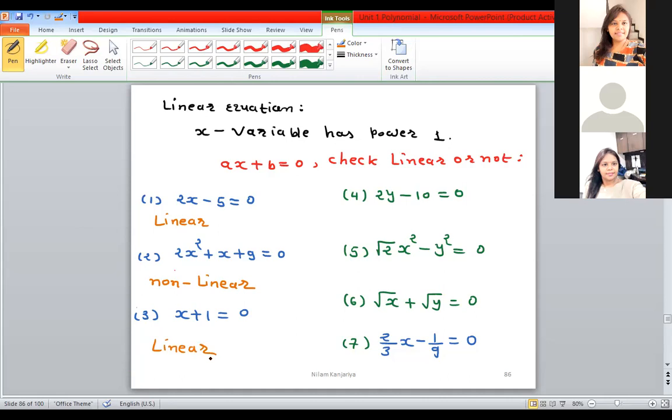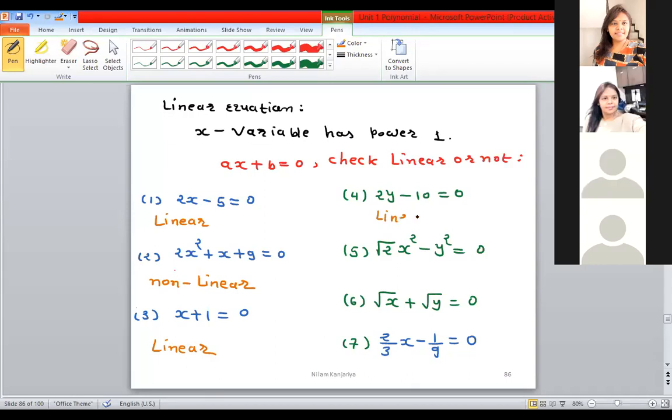So this is again a linear equation. Fourth is linear, right? Because it is one variable. The variable may be anything. Fifth is not linear. Very good.